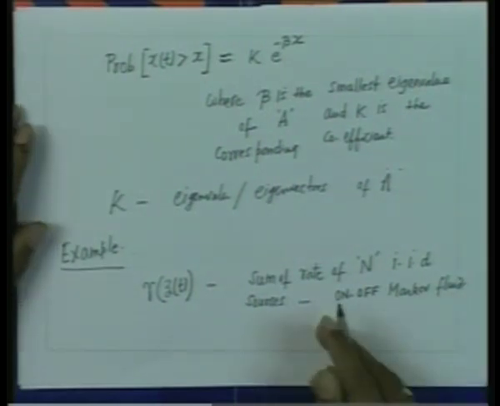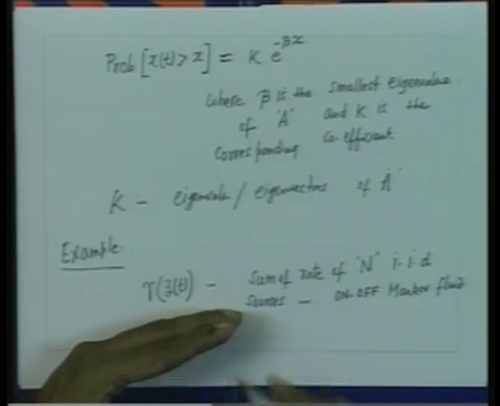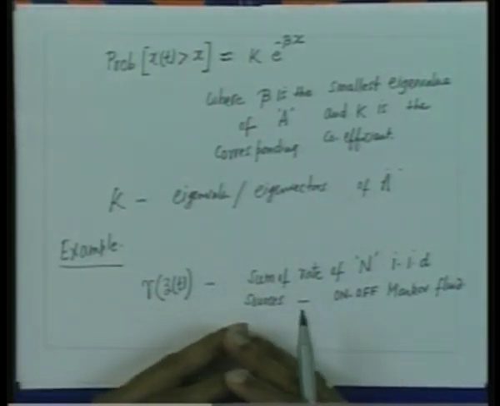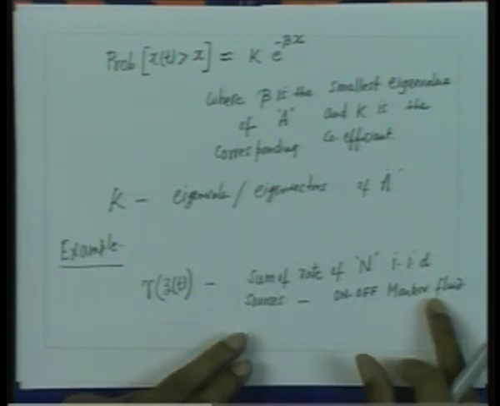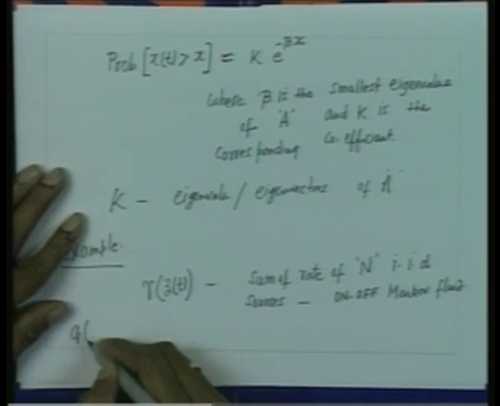Okay, so each of these sources are independent. By independent I mean there is no dependency between them, and each of these sources are identically distributed, which is an on-off Markov source. So they have two states, 0 and 1.